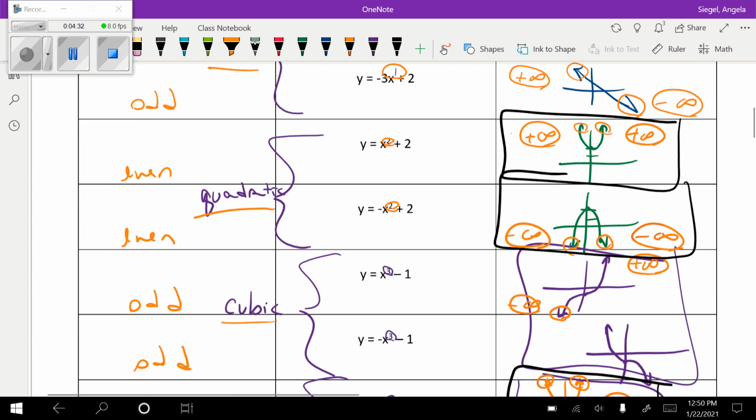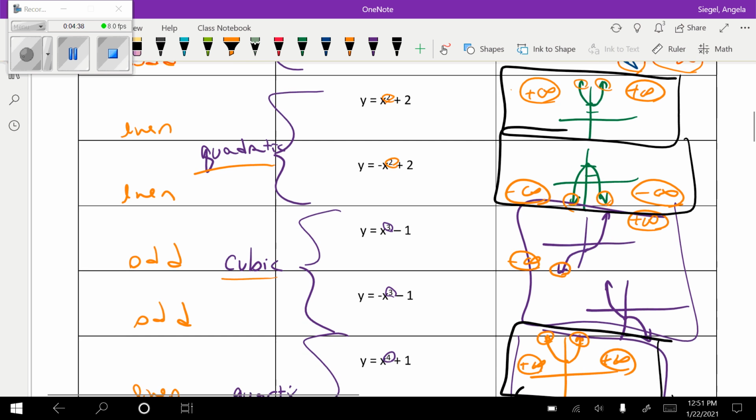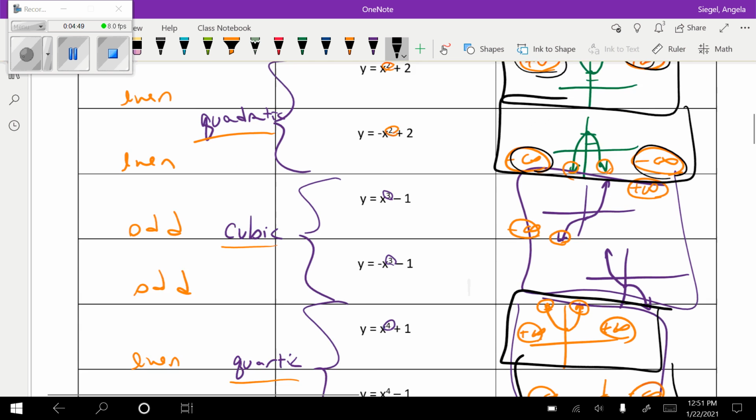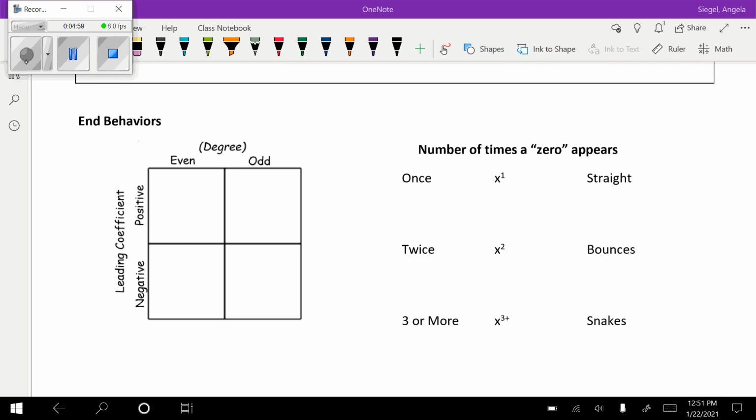Take a look at what you've written. If you'll notice, the even functions are either both high, positive infinity, or both low. Let's look at another one. This one is both positive, and this one is both negative. So they have the same end behaviors.